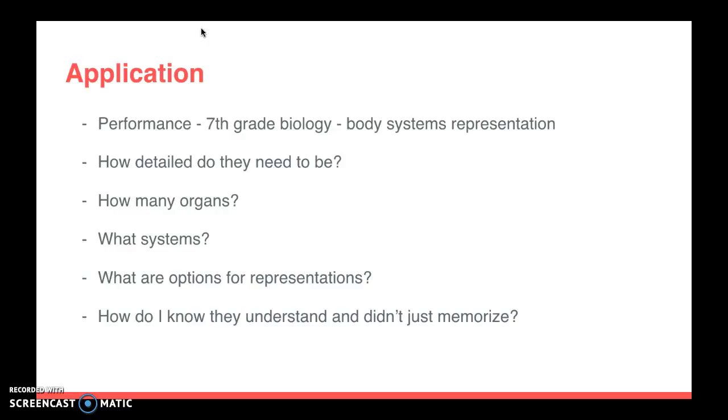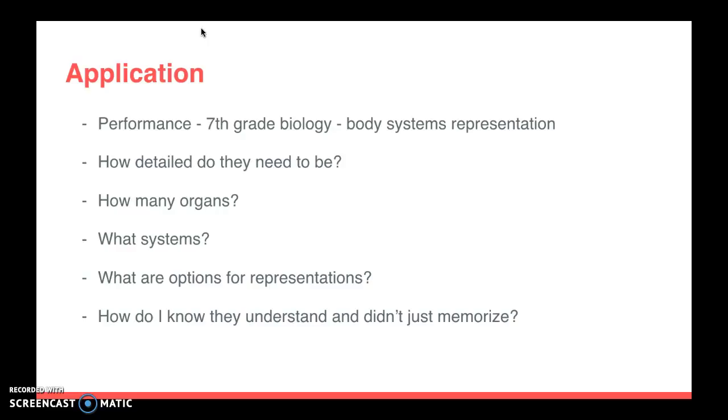So in visualizing success, before I put together their whole task and instructions, rubrics, things like that, I would want to visualize how detailed they need to be, how many organs they need to represent, what systems, what are their options for representation, so that they can successfully represent it in more than one format, to still represent the knowledge that I'm visualizing.